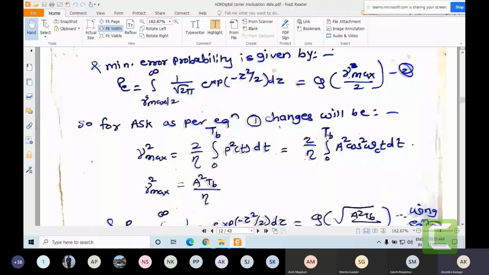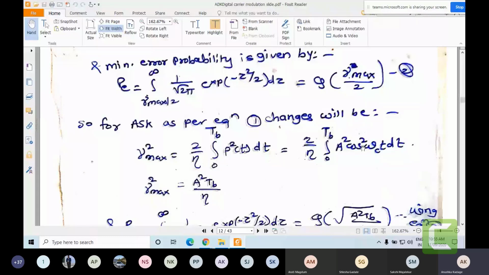But we have seen that it is 2A square. 2 is in the multiplication because we have said that it is dual sideband value. Dual sideband, that means 2 should be in multiplication, because at f plus fc and at f minus fc with the same magnitude, that signal is going to exist.